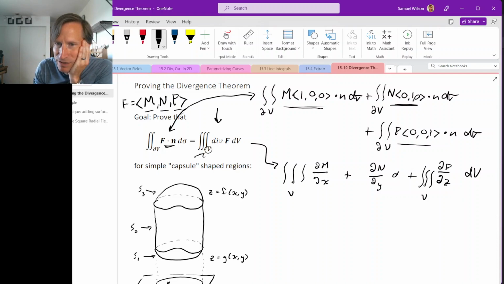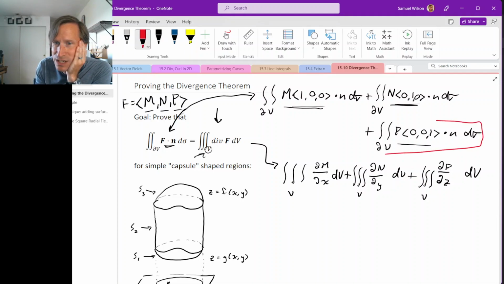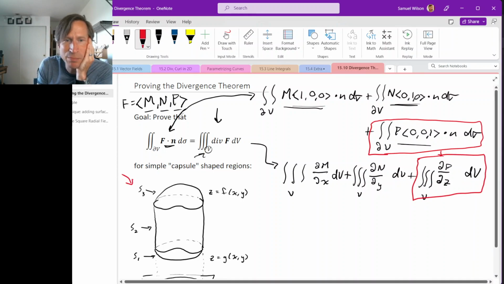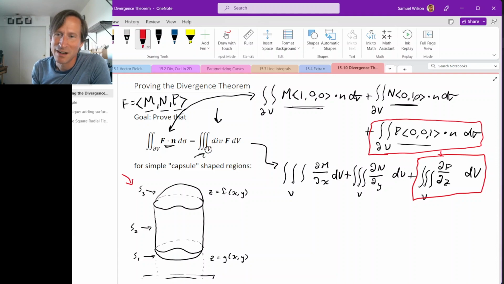So integrate all of these dV over the volume. And what we're actually going to show is that this last term is equal to this part right here, for this special kind of shape. So whatever your whole volume is, you can decompose it into shapes that are these special capsule shapes.